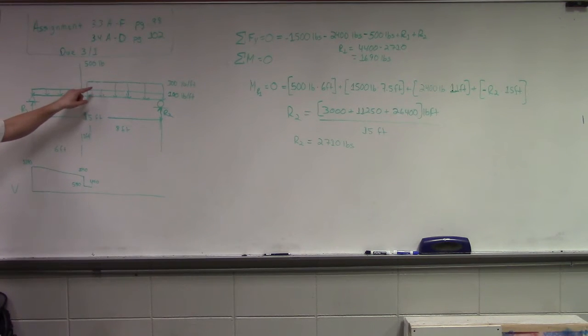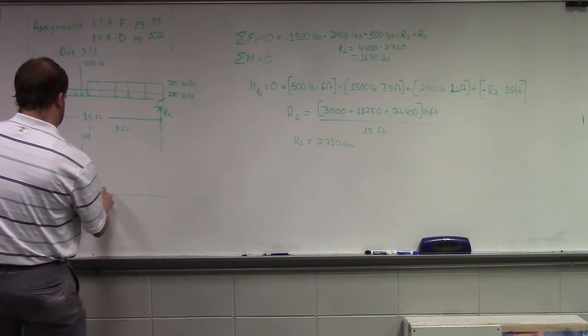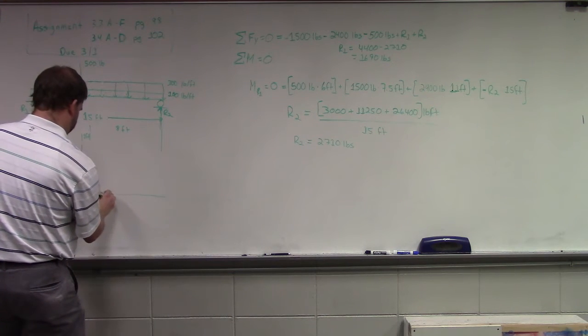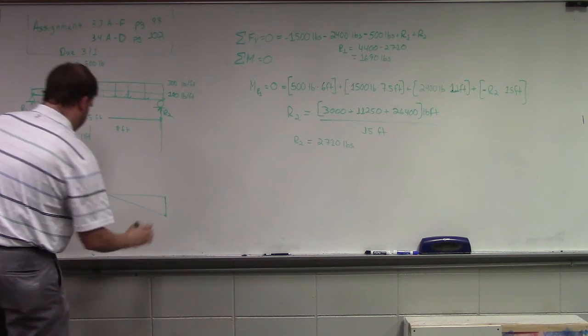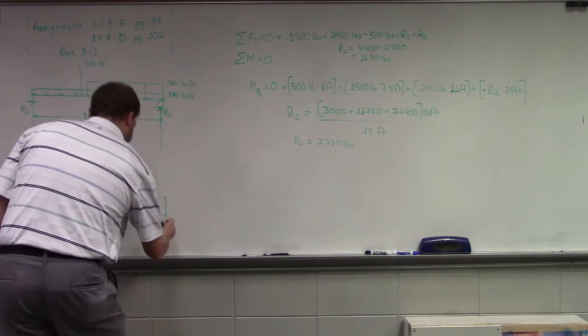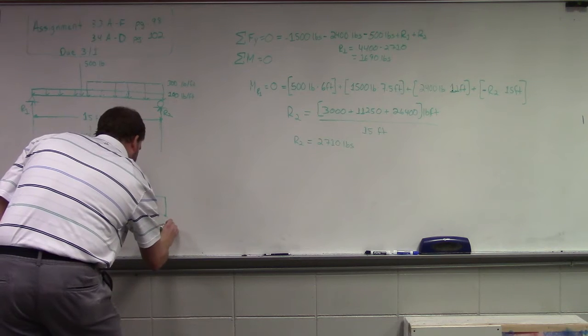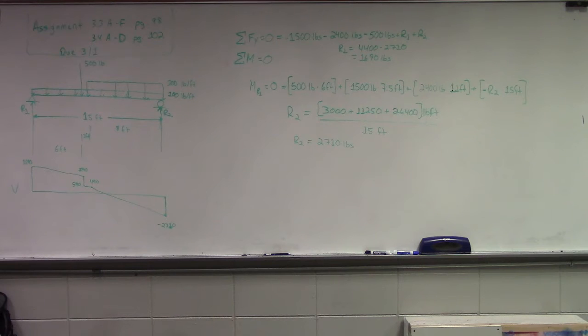Because we're still dropping 100, but then we also have our 300 pounds. And what is our magnitude going to be here? Negative 2710, right? The scale got a little messed up, so it didn't quite plot that slope correctly.